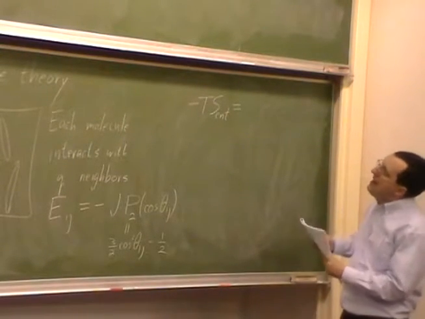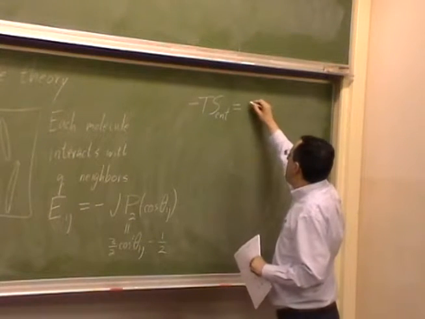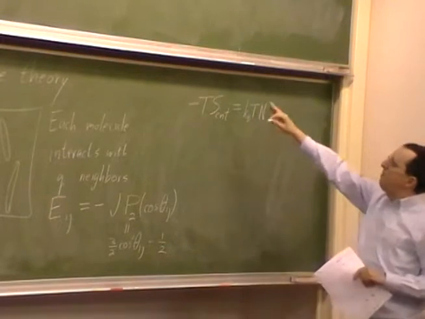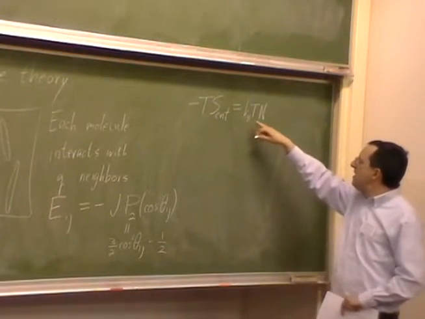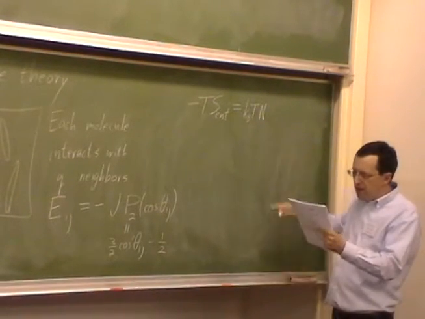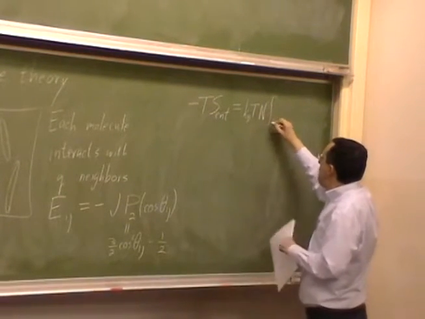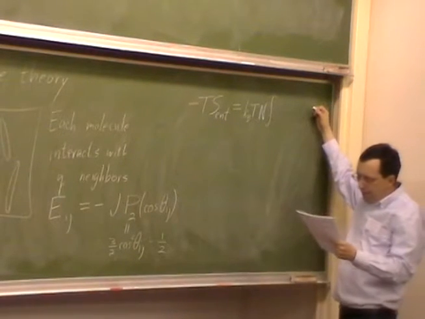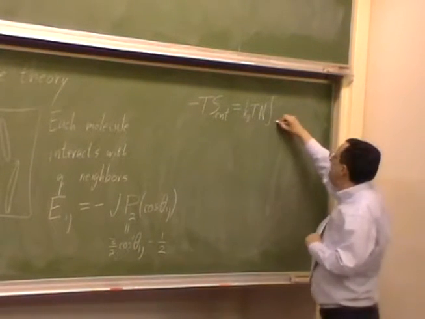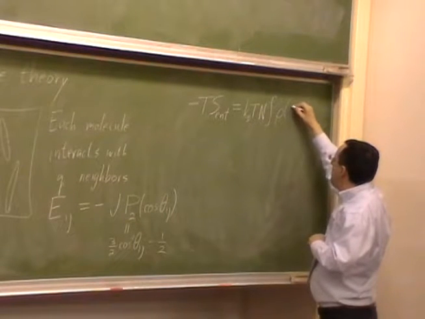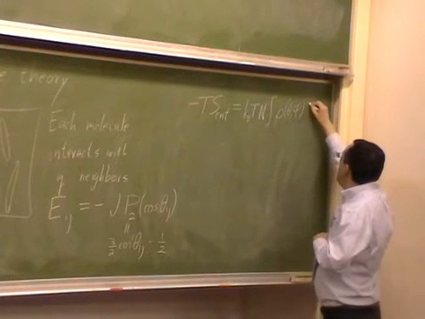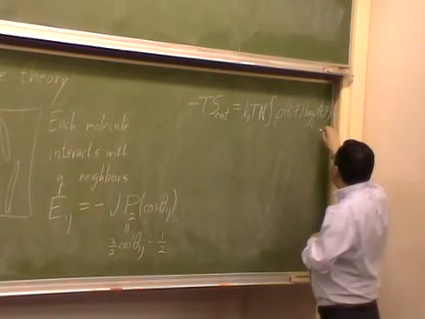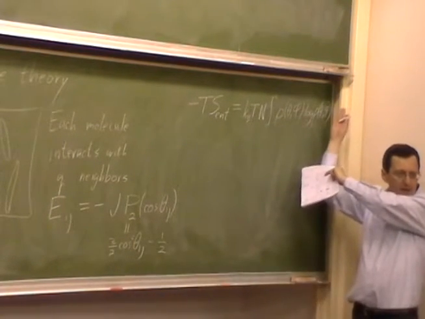My entropy term, minus T times entropy, is going to be kT times N, and then an integral over all the solid angle of rho of theta and phi times the log of rho of theta and phi.